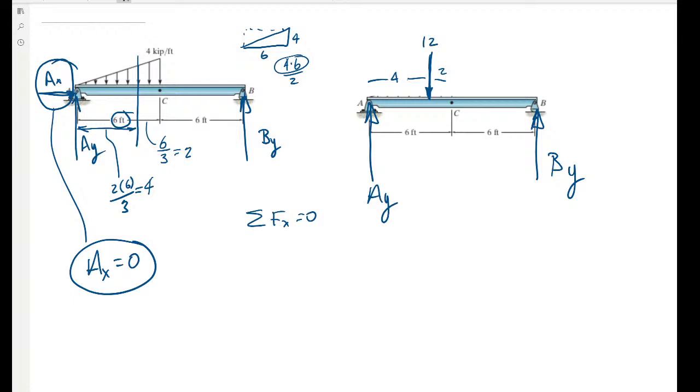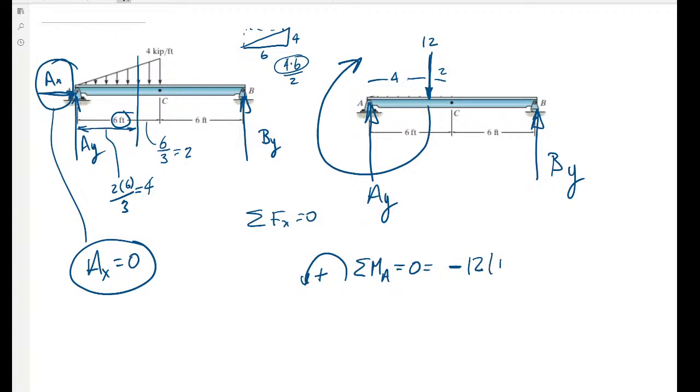And now I'm either going to choose B or A and B, but I'm going to sum the moments. I'll start with A. I'll start with that being positive, meaning that this moment goes in that direction, which is a minus 12 times its moment arm of 4.